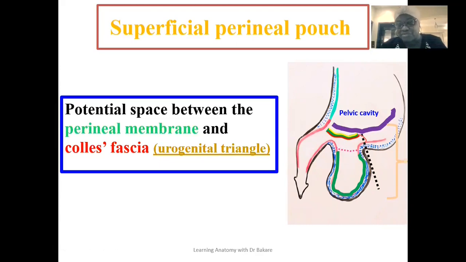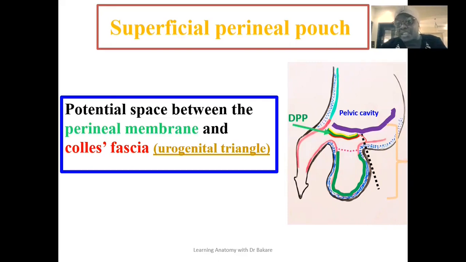If you look at this structure here that is arrowed here in green, this is the deep perineal pouch. The deep perineal pouch is structurally made up of the urogenital diaphragm, which is what is highlighted here in green. This urogenital diaphragm is superiorly covered and also inferiorly covered by the fascia of the urogenital diaphragm.